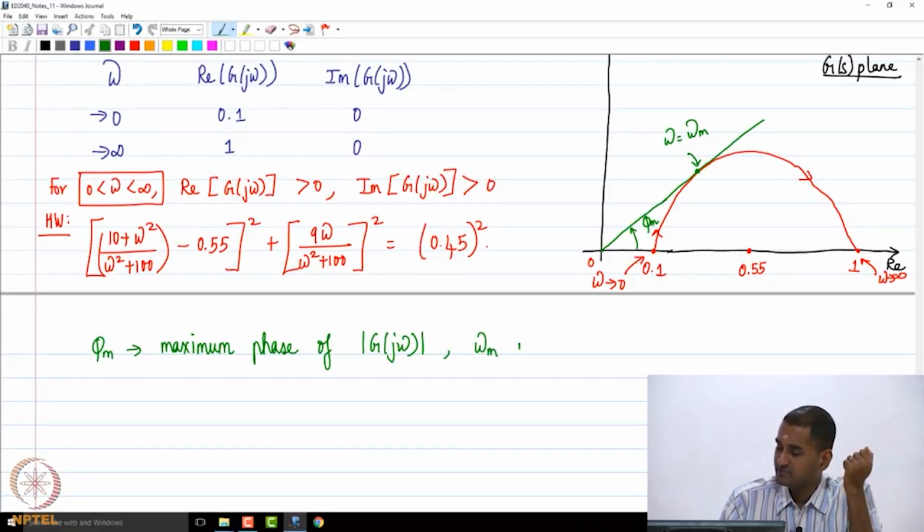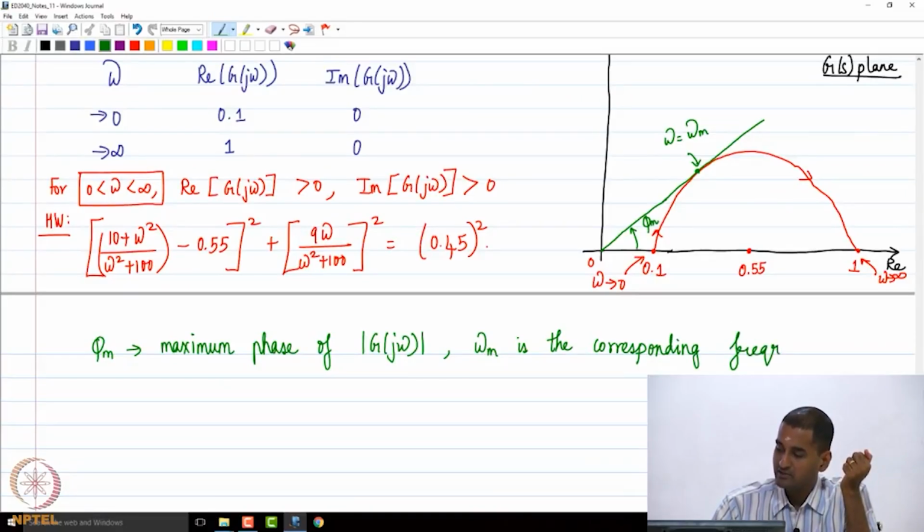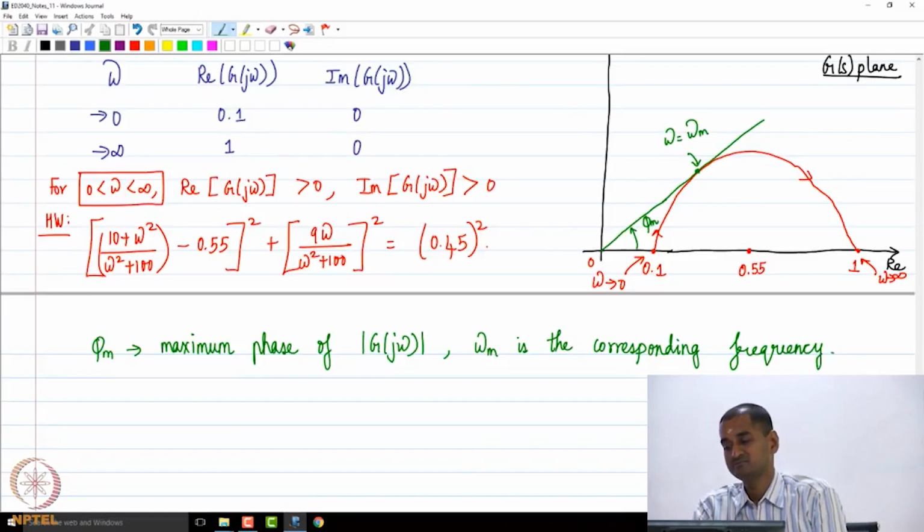Omega m is the corresponding frequency. Now how can I calculate phi m?